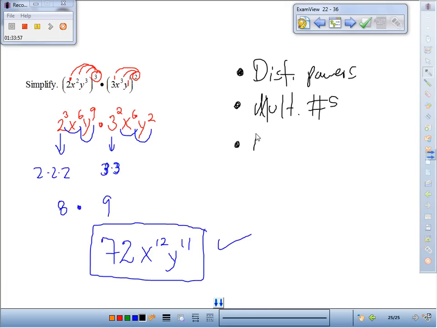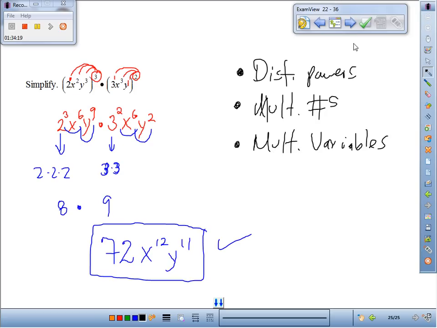And at the end, multiply variables. Does that make sense? Distribute the powers, multiply the numbers, and then multiply the variables. And that's how you simplify. Okay? Okay, one more? No.